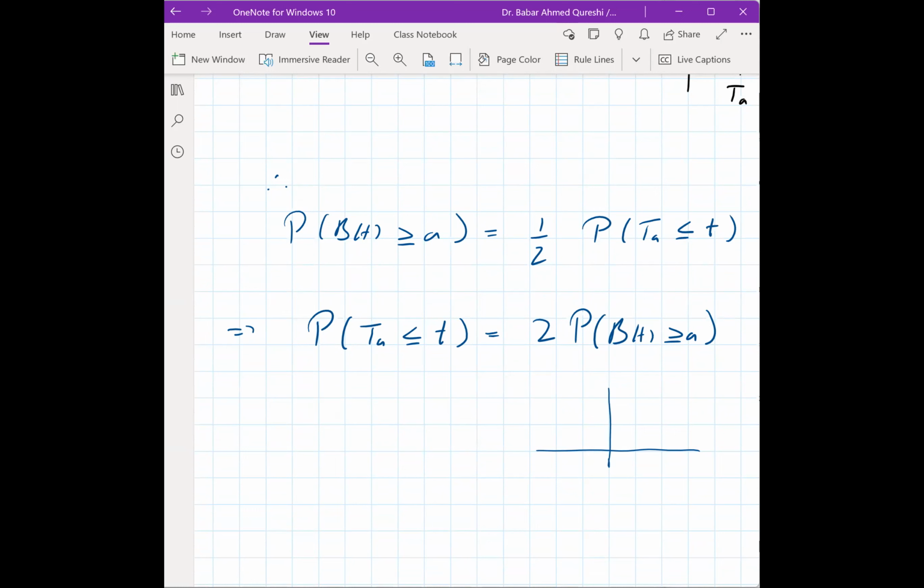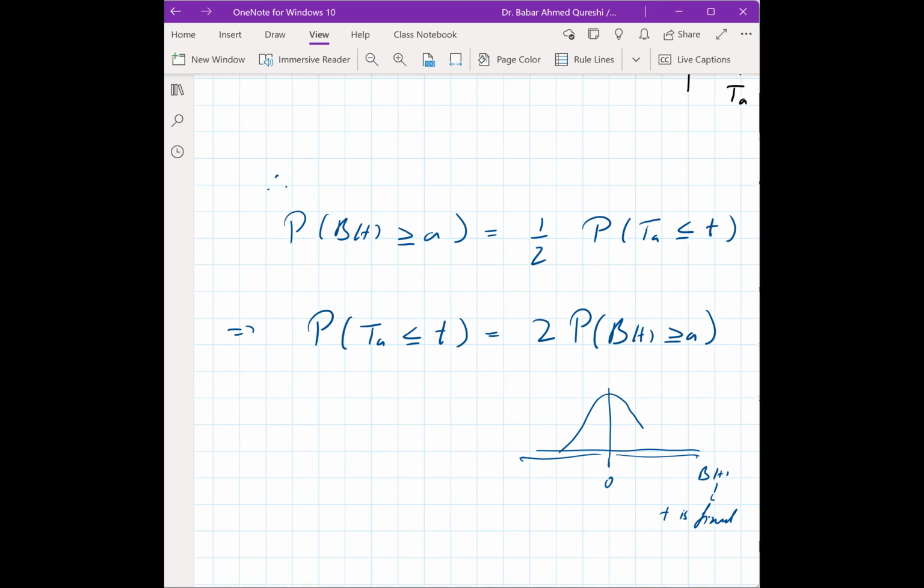Now I know that B of T, if I plot it, A, here I'm plotting B of t here. T is a constant at the moment. T is fixed.